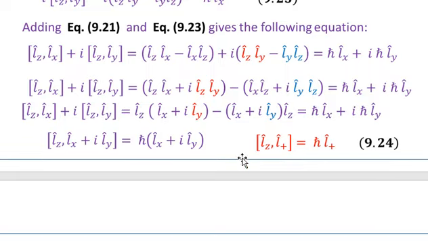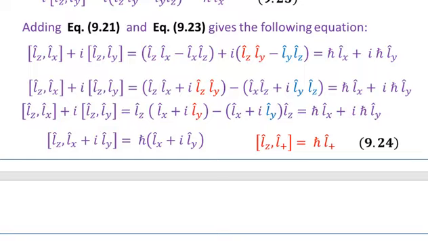So you see that I have found this result, that is the result of the commutator of Lz and L plus. The commutator relationship of these two operators, Lz and L plus, is given as h bar L plus in equation number 24.